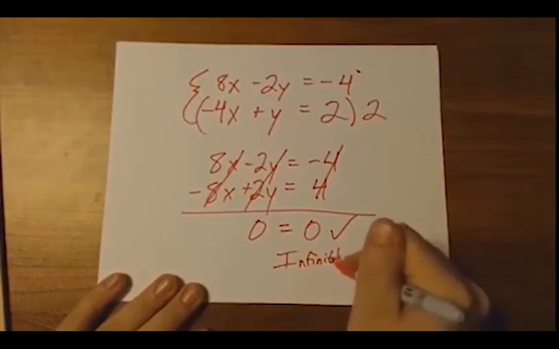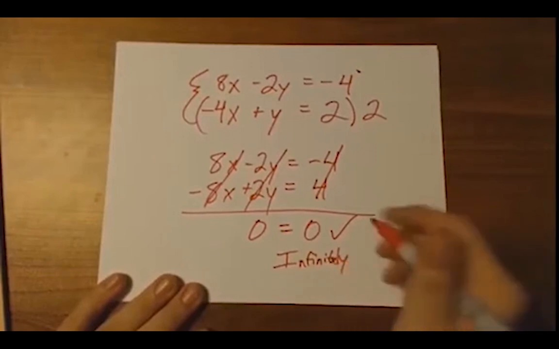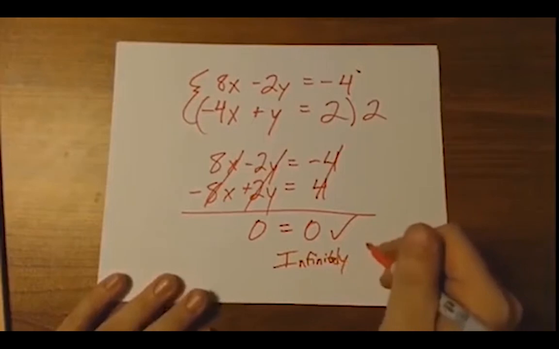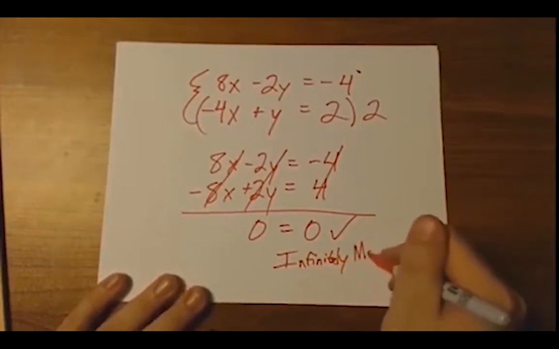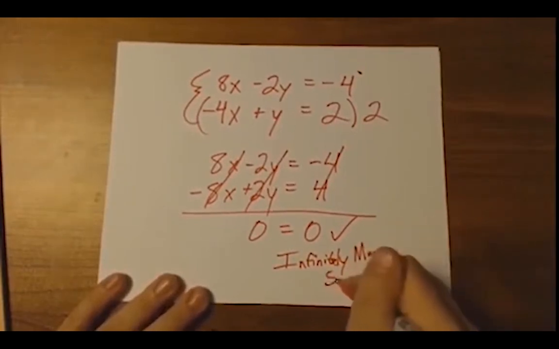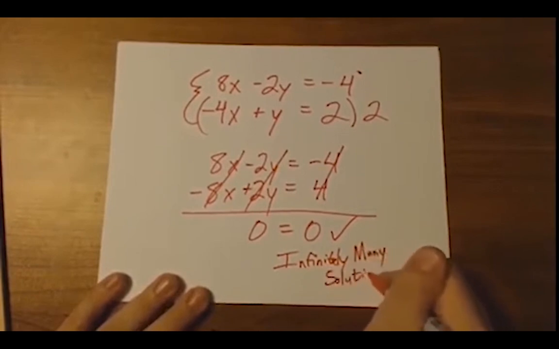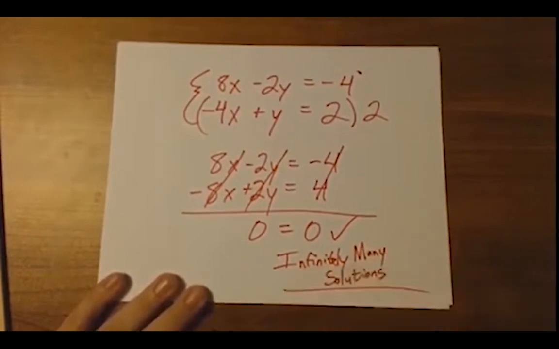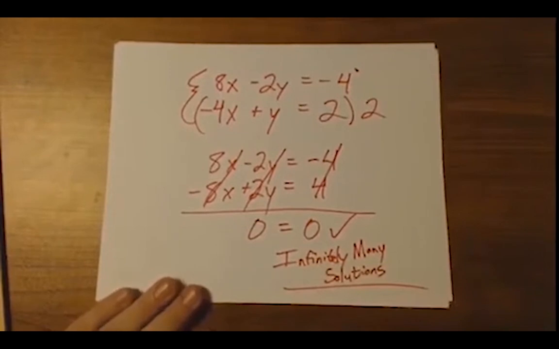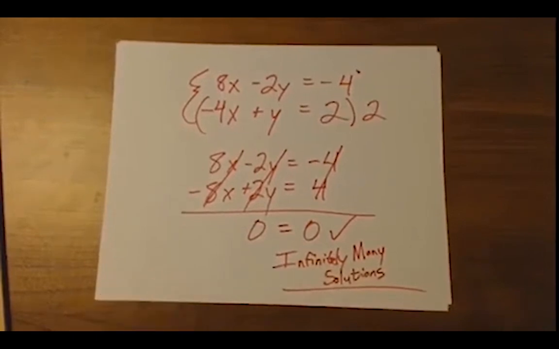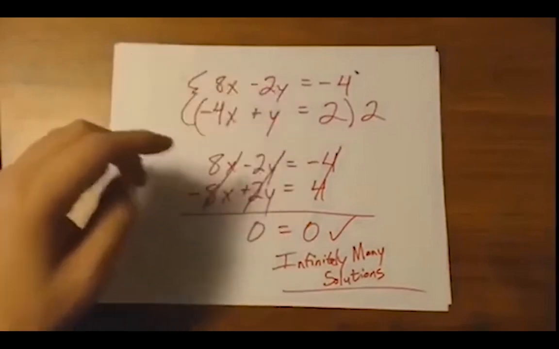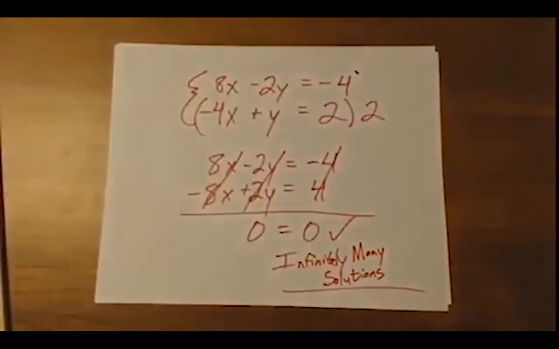there are infinitely many solutions. Why don't I just say all real numbers? Well, in this case, all real numbers would not be an accurate description. You can't put any number in for x and any number in for y and have it be a solution.